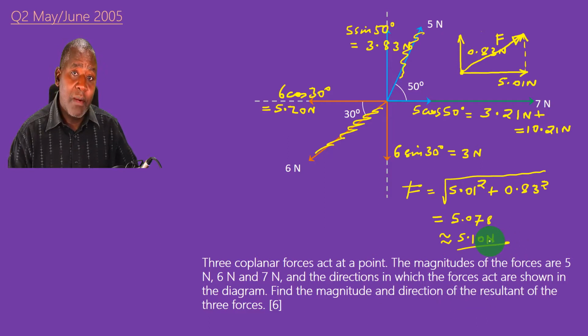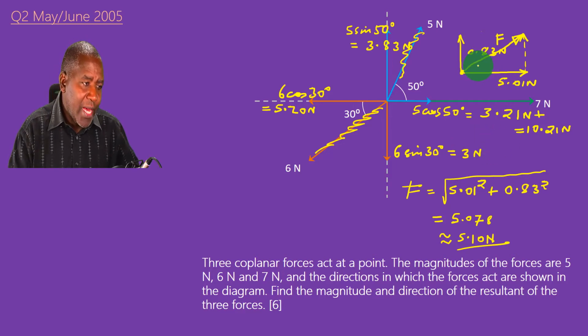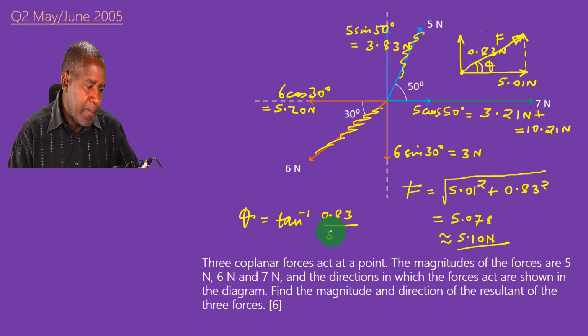How about the direction? By direction, we just need an angle. I can work out the angle that it makes with the horizontal, this one here, call it theta, and I can say theta is equal to the tan inverse of the opposite, which is 0.83 divided by 5.01. In other words, tan theta is equal to this ratio. What is theta?